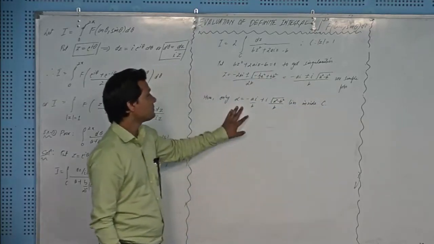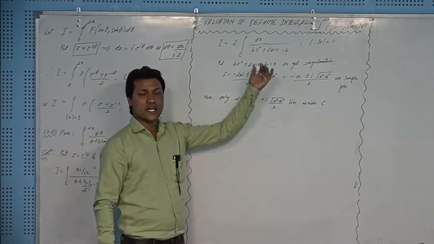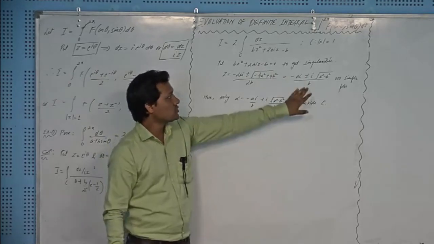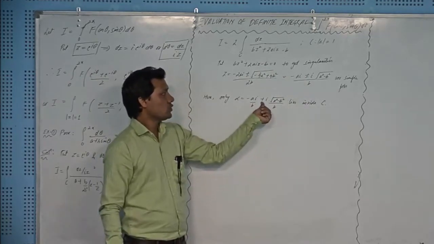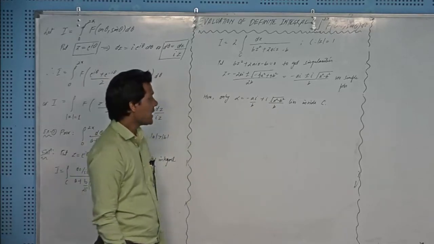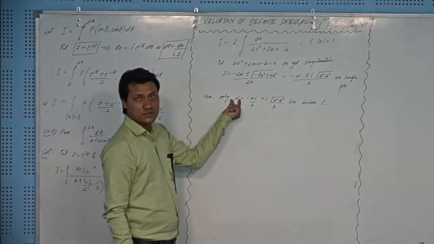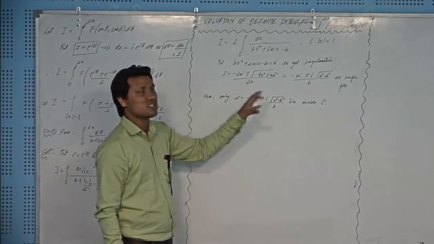So this is a good point. How will you decide that one pole lies inside C or outside C? Out of these poles, only the first pole, the pole having plus sign, lies inside C. The reason is that if you apply modulus of this alpha, you will get some number which is less than equal to 1.